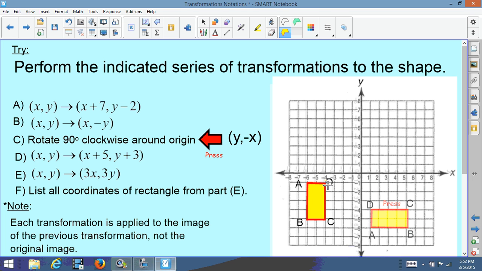So let's go to the x coordinate and add 5. 1, 2, 3, 4, 5. And now add 3 to the y coordinate. So add 3 to it. 1, 2, 3. D is going to be right there at 1, 2. So I'll take every coordinate and do that.